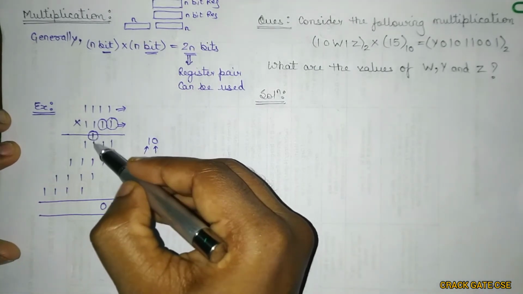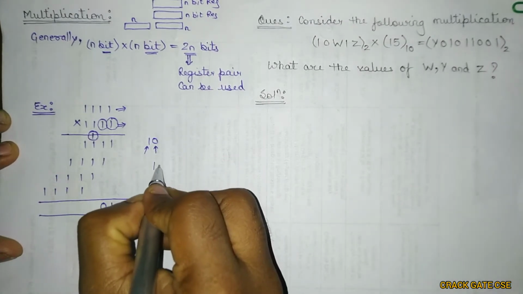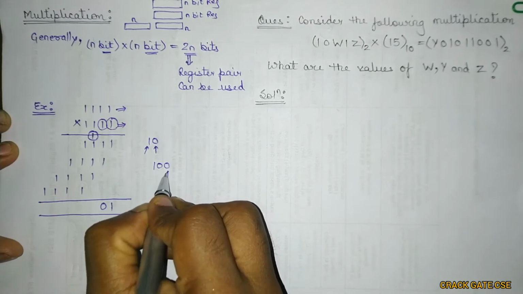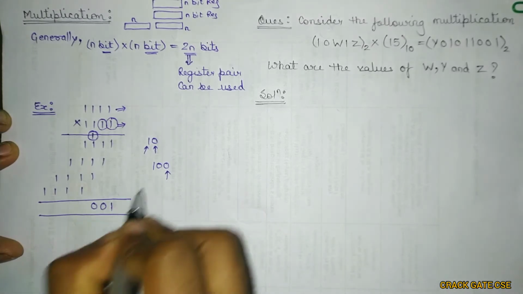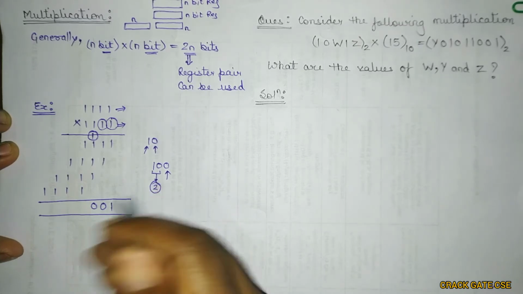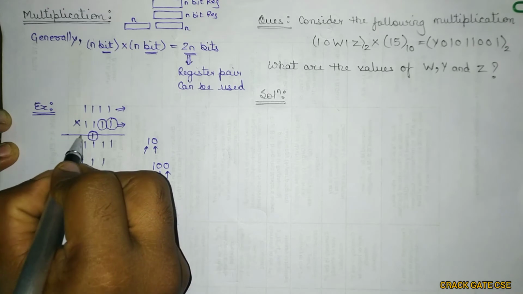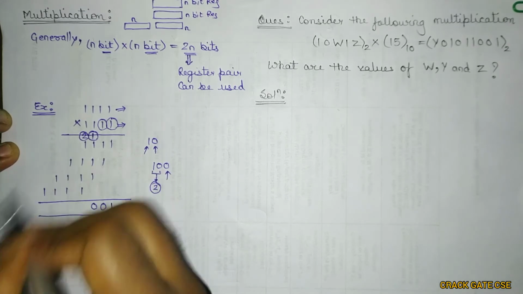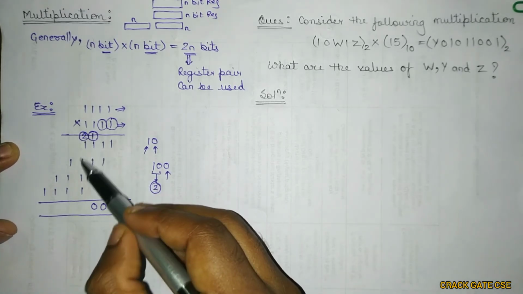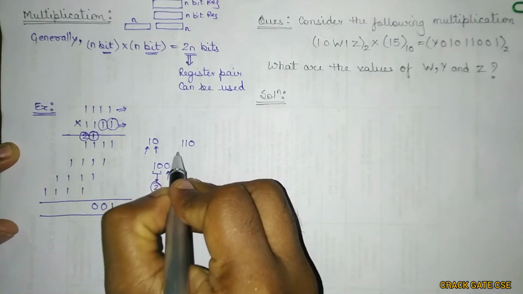Now add these: 1 plus 1, 2, 3, 4. So 4 can be written as 100, that means this 0 will be here, and this 10 can be written as 2 if I consider it as a separate binary value. Now the carry will be 2 for the next bit. Now this 2 plus 4 is 6. 6 can be written as 110.